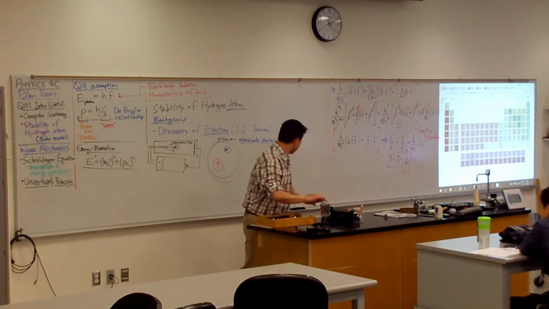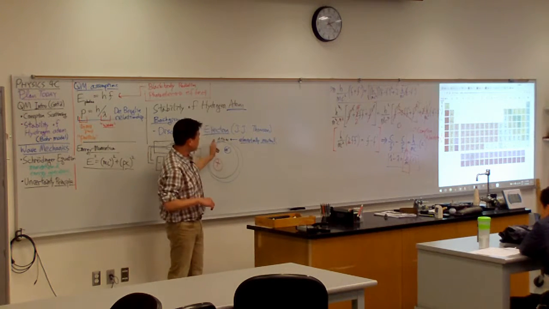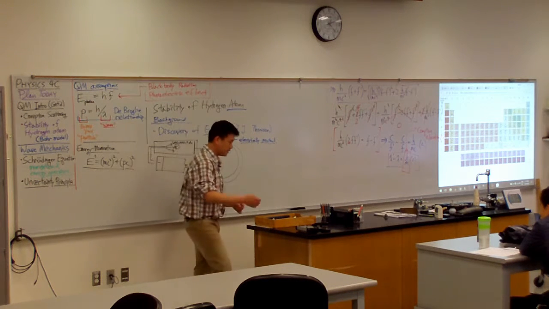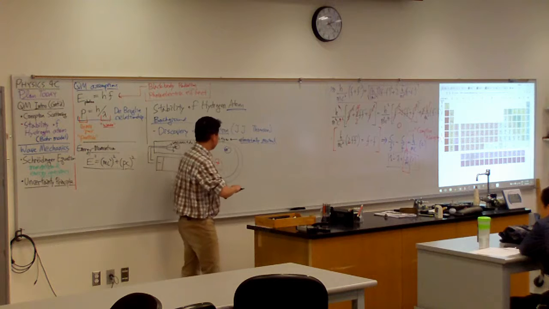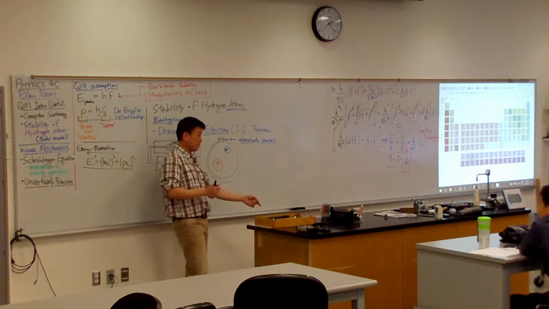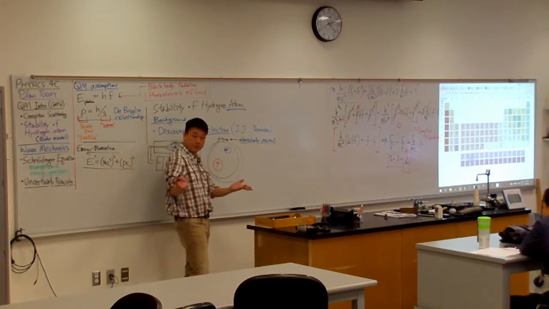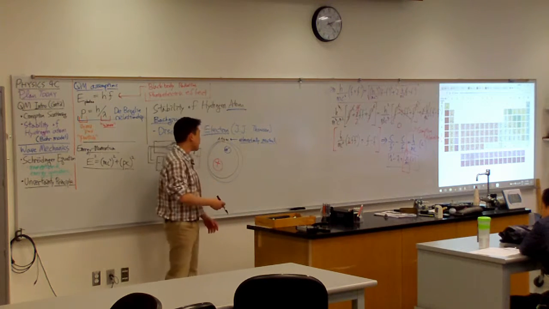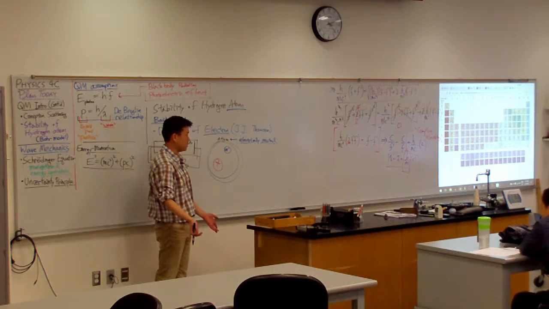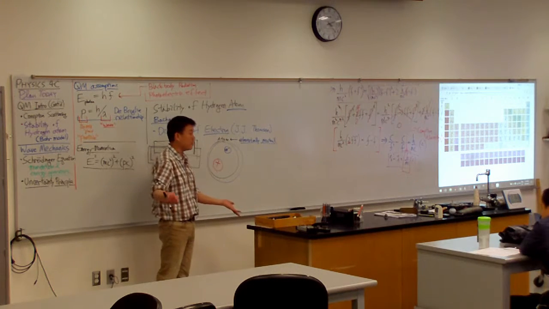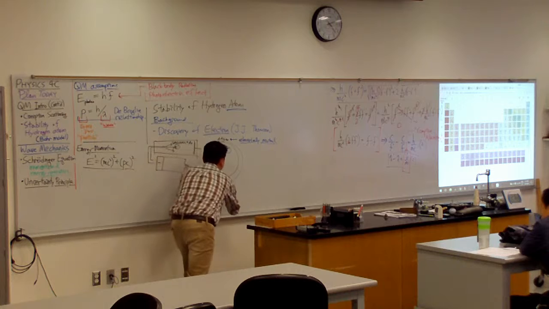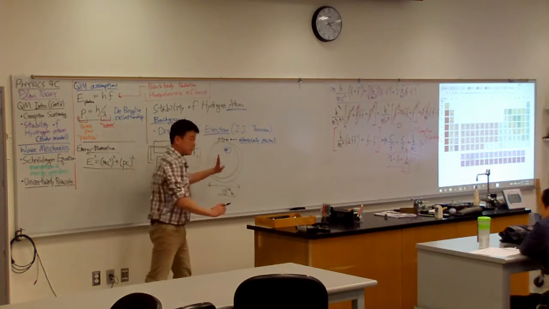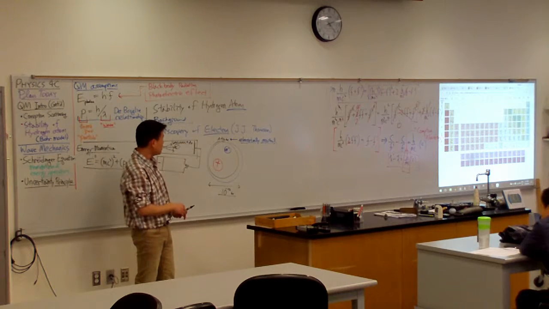The same guy who discovered the electron had an idea of how this atom could be made. By the way, the size is known experimentally. People actually knew the size of an atom. You can get this size from other experiments dealing with, I don't know, viscosity of air or whatever. People knew that an atom had a size of approximately 10 to the minus 10 meters. So that's something already known.